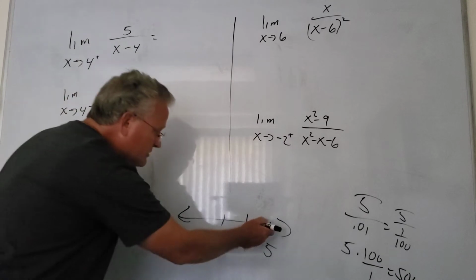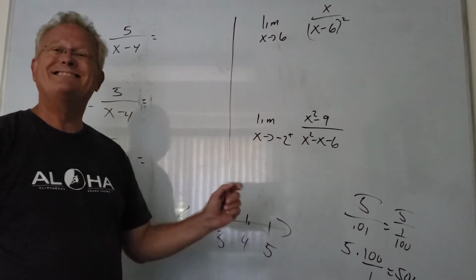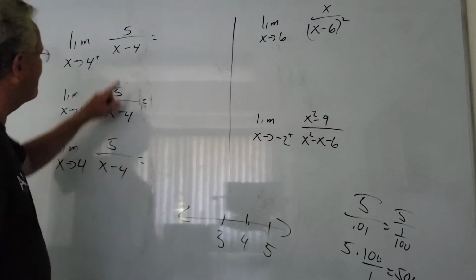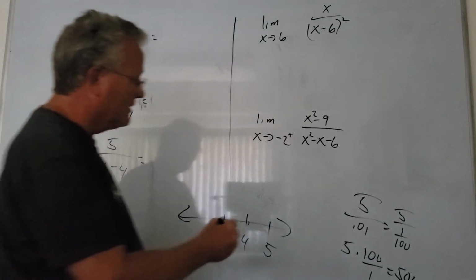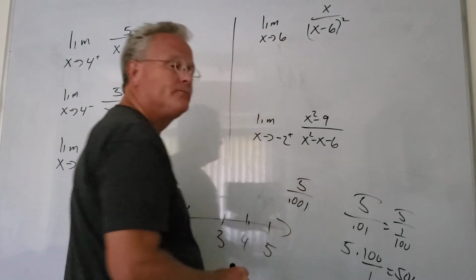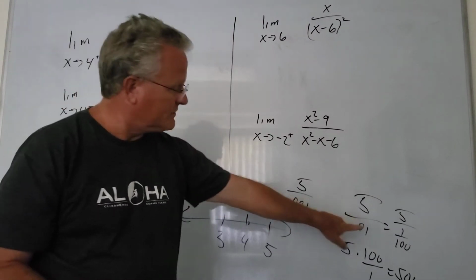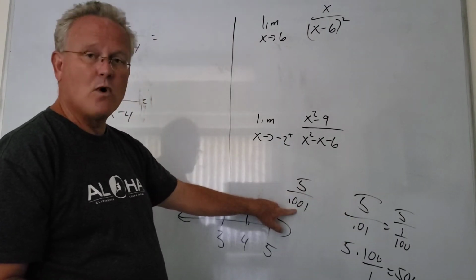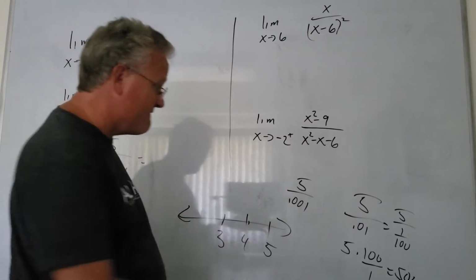Now let's get even closer. Let's say x is 4.001. Now we're even closer. 4.001 minus 4 is 0.001. Well, this is 1/1000th. Similar to this, 5 divided by 1/1000th is 5 times 1,000, which is 5,000.